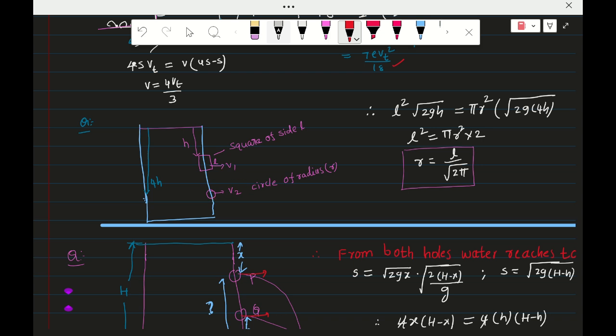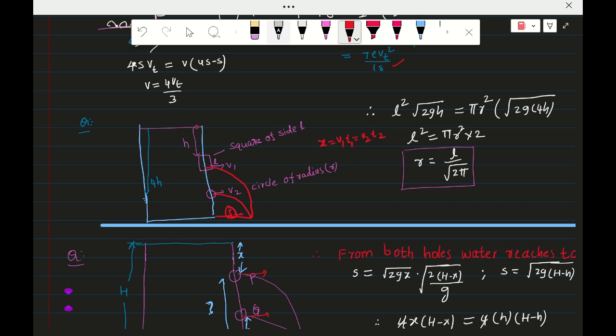Water is coming out from this and water is coming from this, both are reaching the same point on the ground. This is the condition, same point on the ground. So now S is equal to, we know the formula, S is equal to V1 into T1, that is equal to V2 into T2. Times are also different here.